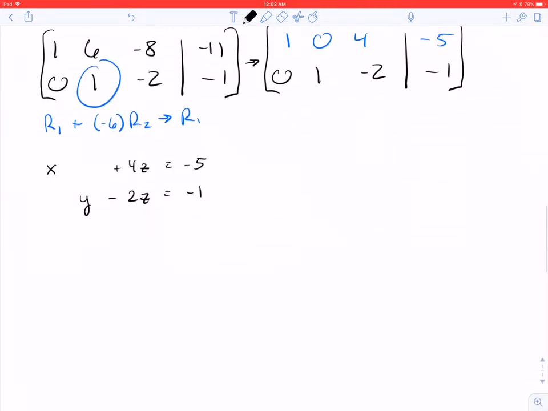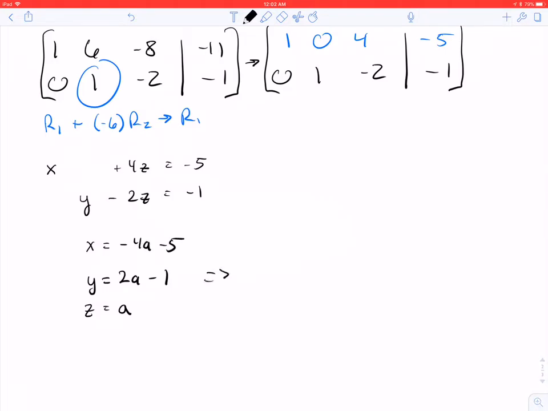When we get a result like this, we see that z is going to be a free variable, so z can be any real number. We're going to call it a. If I solve for y in the second one, I add the 2z to both sides, so y equals 2a minus 1. And if we solve for x in the first one, subtract the 4z, so x equals negative 4a minus 5.